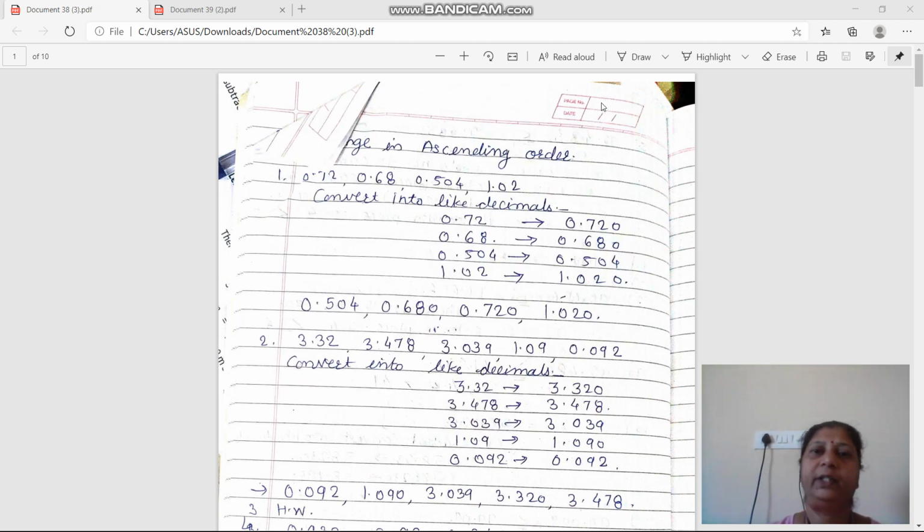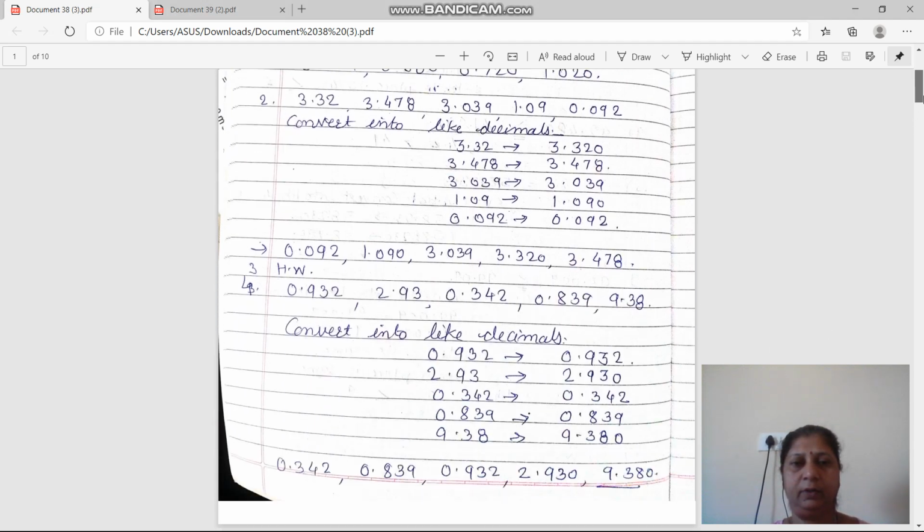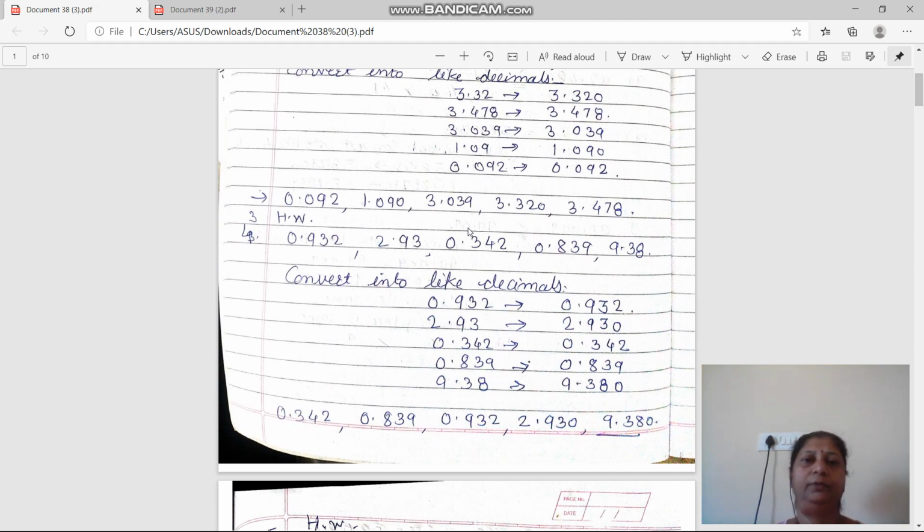So we are doing ascending order, right? I think we have completed the second one. So let's see the next. 0.932, 2.93, 0.342, 0.839, 9.83.